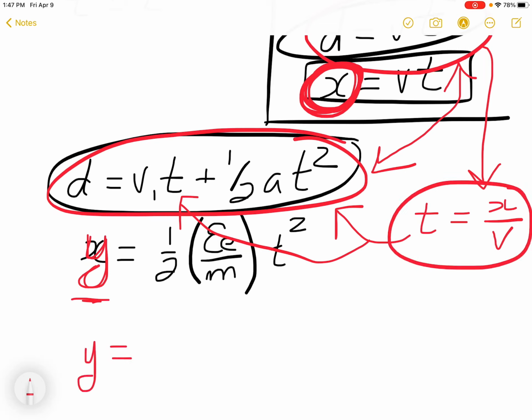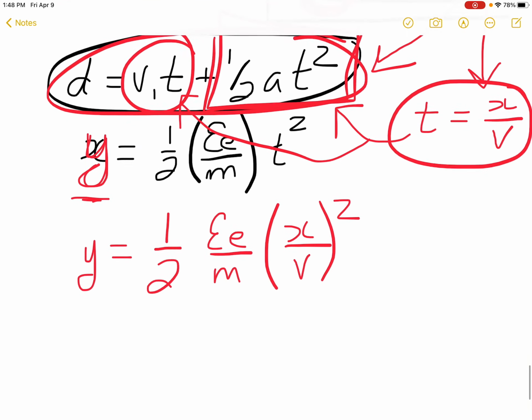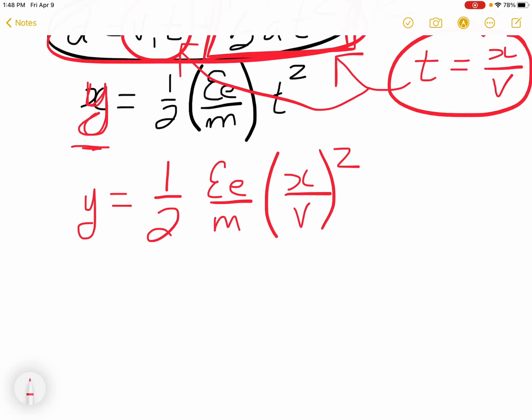So we get Y equals, now the V1T was a 0, right? So there's no point substituting it into there. That's going to be a 0 anyway. So I just have to worry about this part. So that's 1/2 A, which is EE over M, multiplied by X over V squared. Right? And if we just kind of shove this around a little bit, we can get the answer they have.